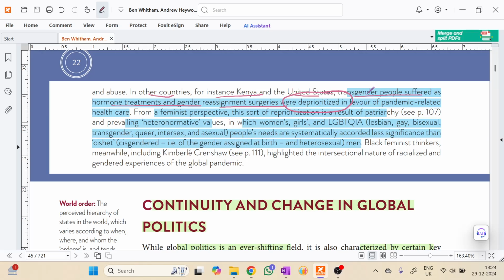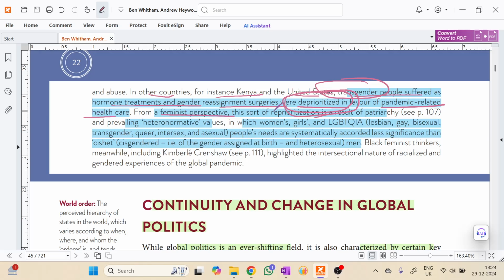Transgender people are not seen as equal, so their lives are not looked at on an equal footing, and that's why the hormone treatment and gender reassignment surgery which are necessary to transgender people were deprioritized in favor of pandemic related healthcare.